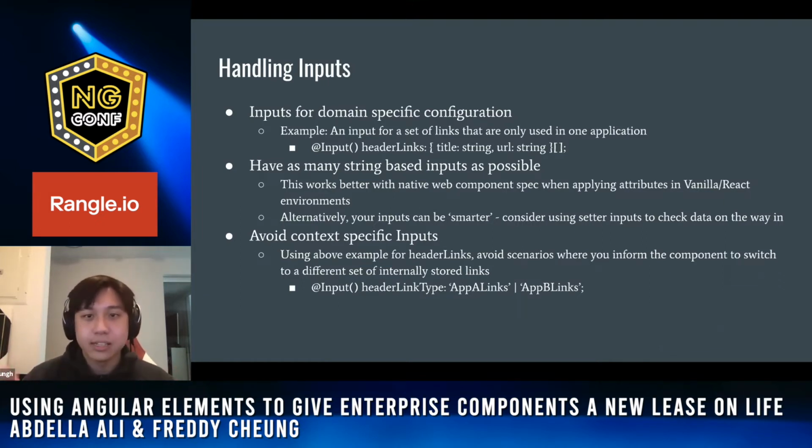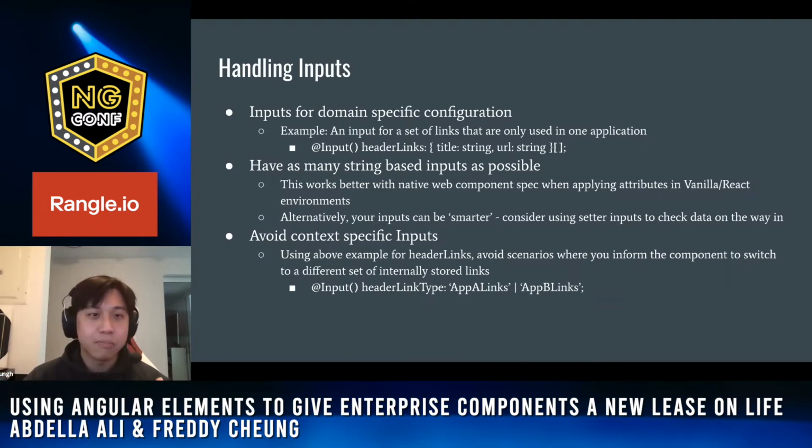For instance, we have app A and app B, and they will be consuming our header. For app A, you want it to have a different set of links than app B. And that's normal. That's a real-life example that we've faced many times. But what we don't want is an additional input to drive that. Instead, we should just keep our first implementation with just one input, one contract, and change the content instead.